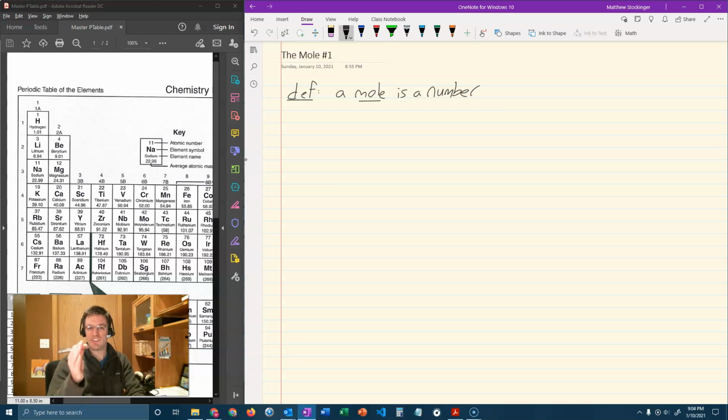We have all these named numbers in English that make it very convenient to count certain things. A dozen is really convenient for baking, and eggs, a dozen eggs. A ream, 500, it's a really convenient word for talking about counting paper. And a mole is a really convenient thing for us to count atoms. It's a number used for counting atoms.